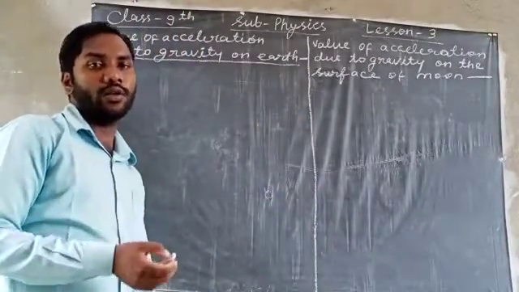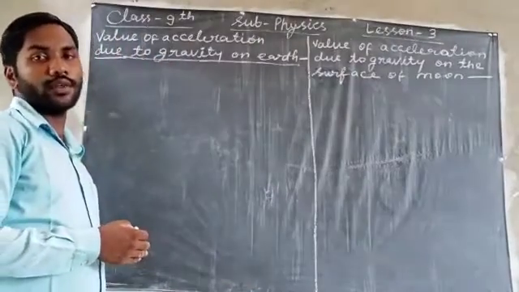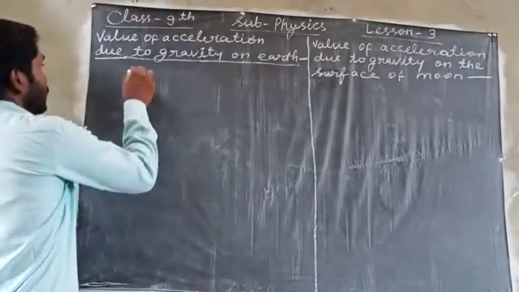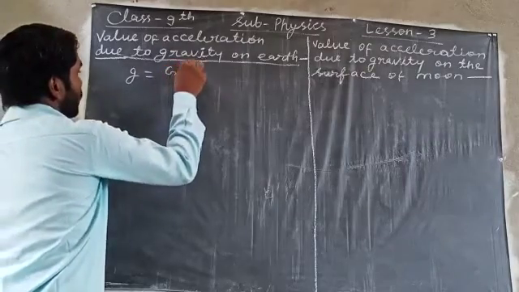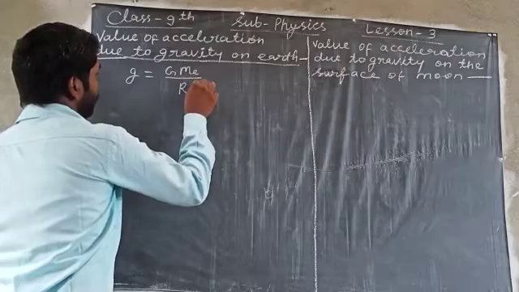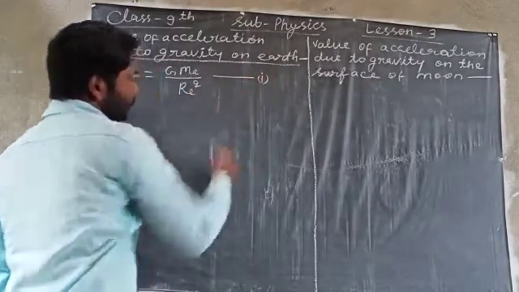First of all, we will find the value of acceleration due to gravity on the surface of the earth. As we know, g is equal to G Me upon Re square. Let this be equation number 1.